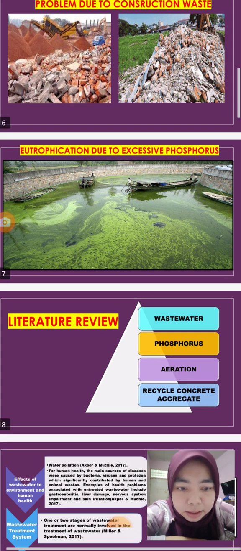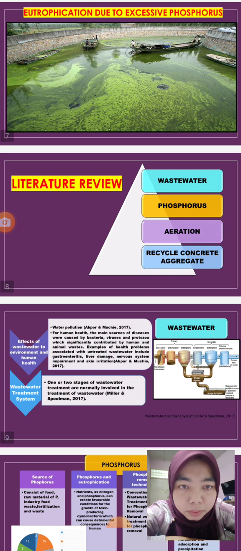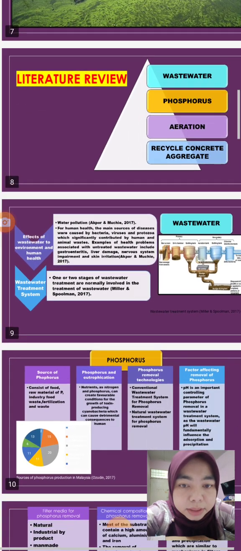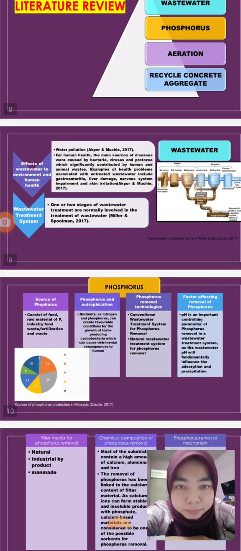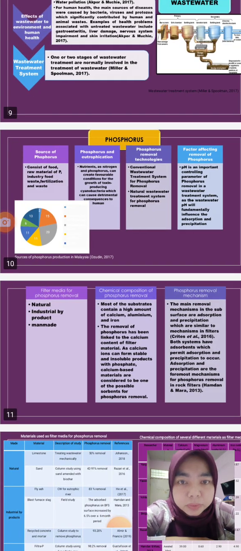Next, for literature review, I have divided into 4 main chapters, which is wastewater, phosphorus, aeration, and recycled concrete aggregate. For wastewater, we have effect of wastewater to environmental and human health and wastewater treatment system. For phosphorus, sources of phosphorus and eutrophication, phosphorus removal technologies and factors affecting removal of phosphorus.